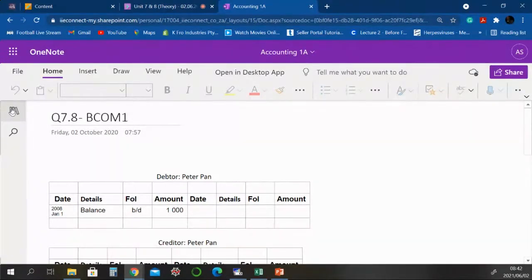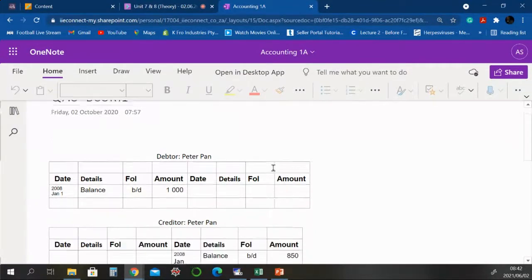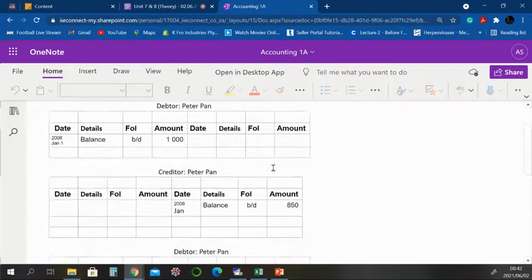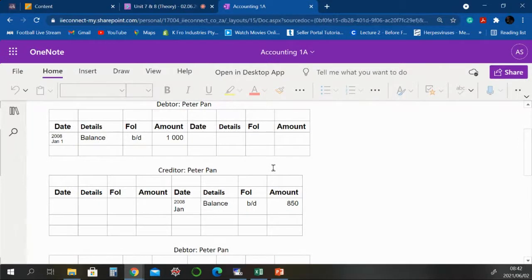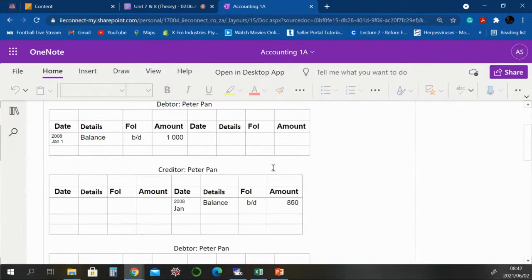Let's zoom up a little bit here. Let's see what's going on in 7.8. Look for another short exercise. In 7.8, they are saying what? What is required? Let's discuss the concept of set off and illustrate how the accounting entry should be done.